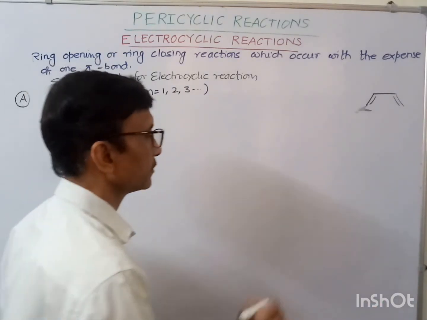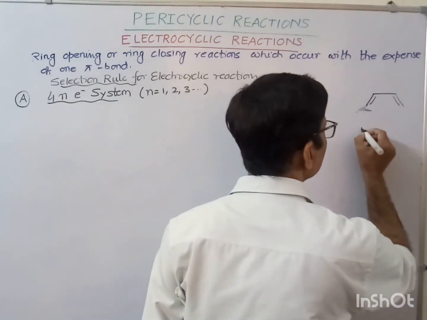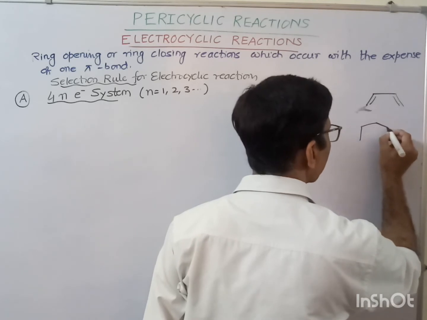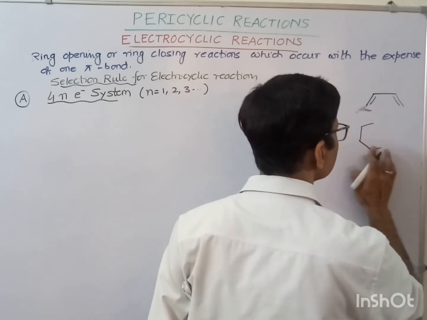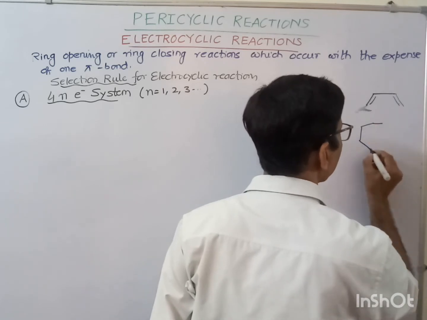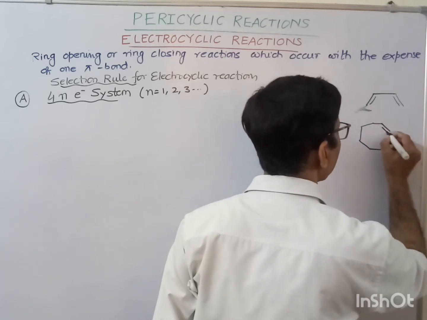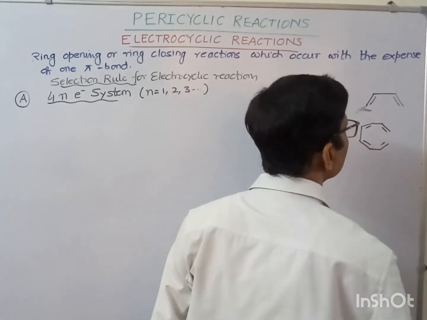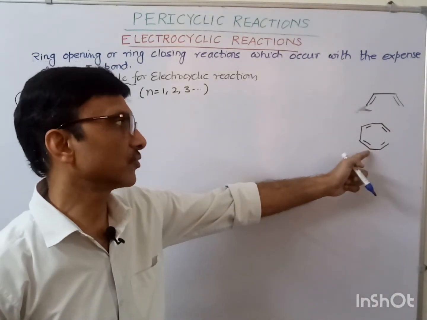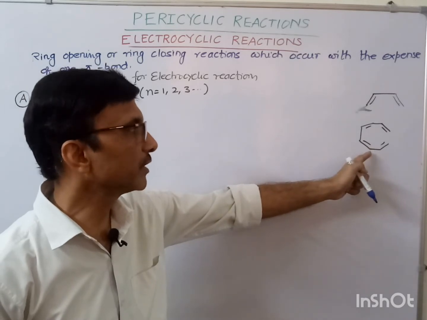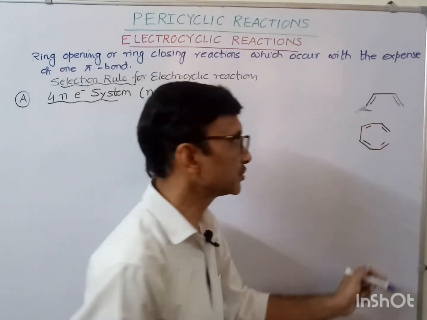In the same way, if you draw cyclooctatetraene, this is also an 8 electron system. 8 pi electrons are present over here, so this is also a 4n electron system.